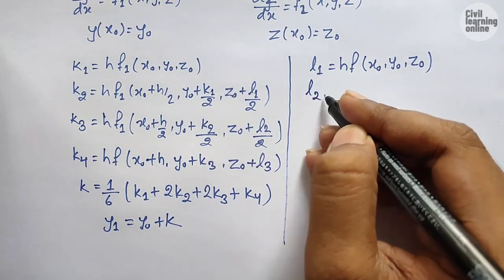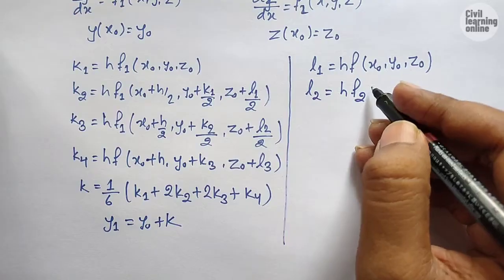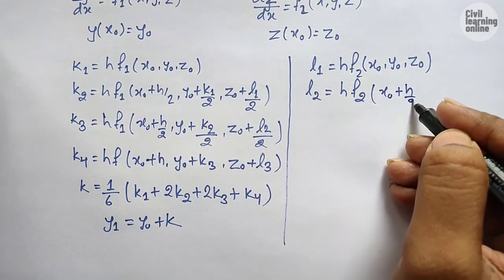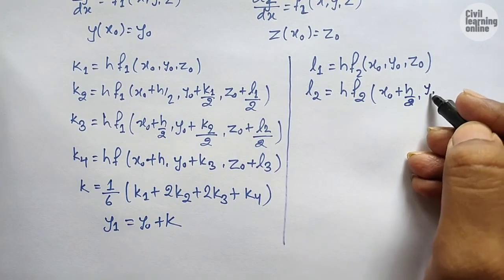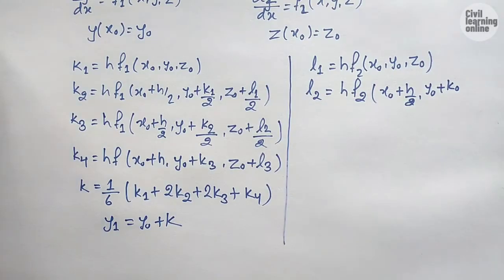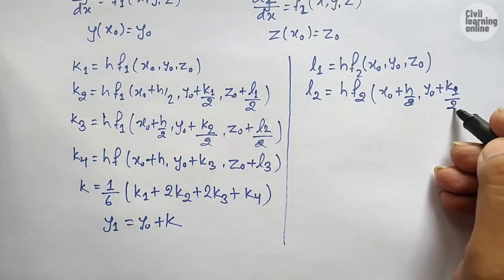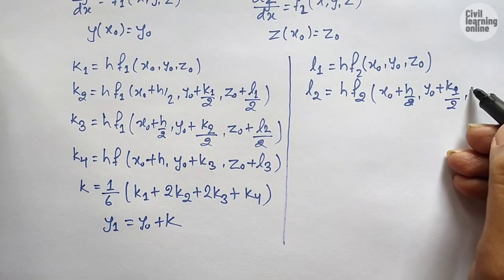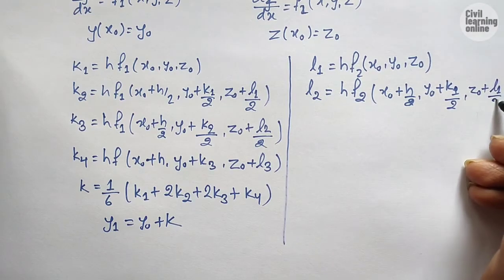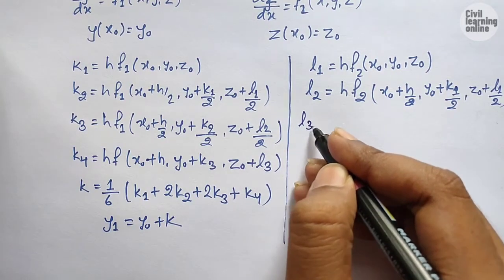Similarly, l2 equals h f2 of (x naught plus h by 2, y naught plus k1 by 2, z naught plus l1 by 2).